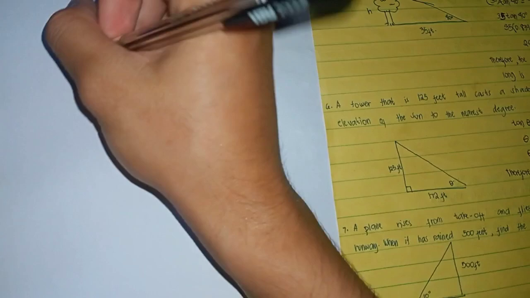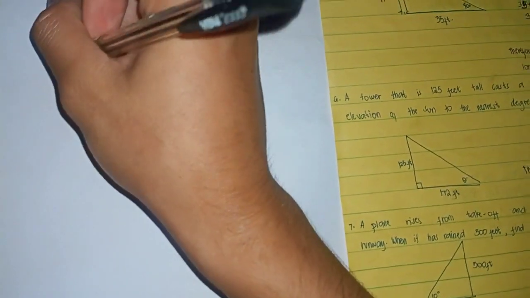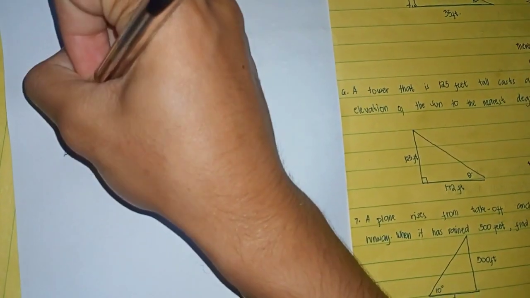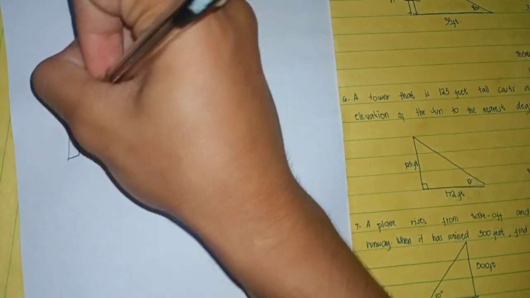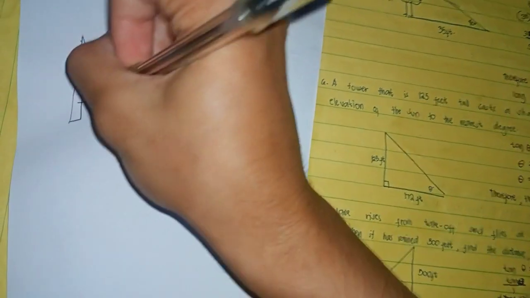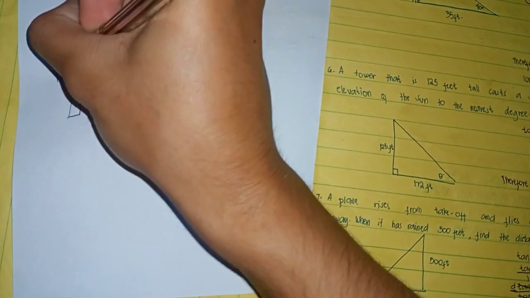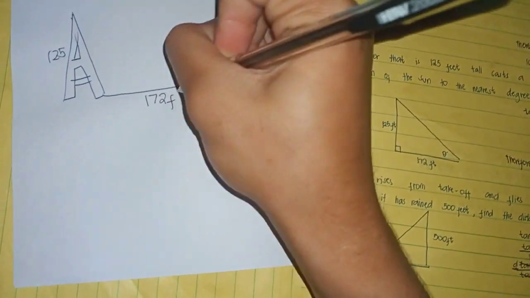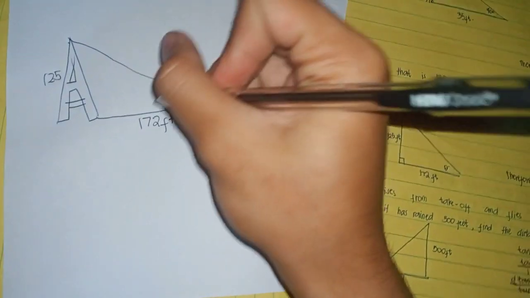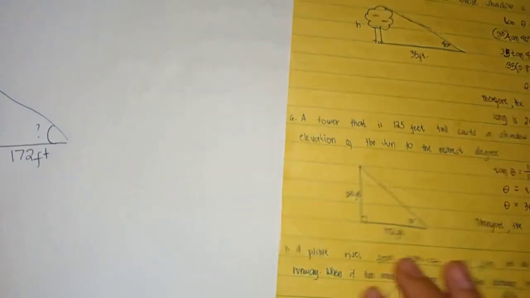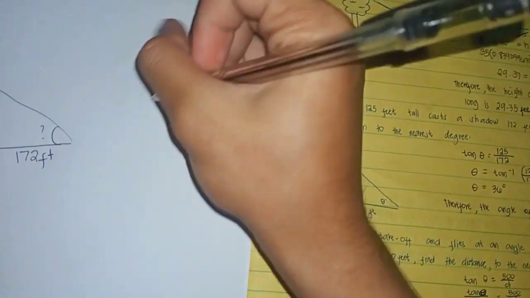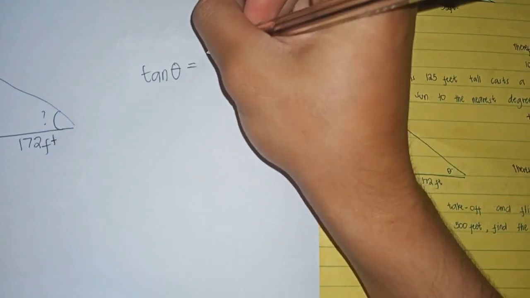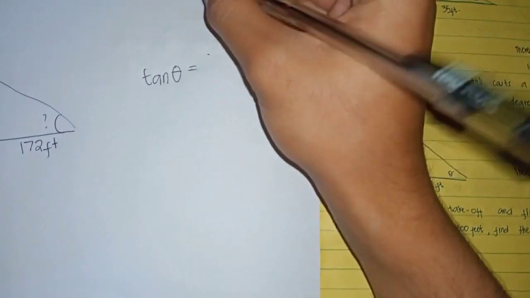So we're going to illustrate the problem first. For example, this is a tower, and it is 125 feet tall. Its shadow is 172 feet. What we need to find is the angle of elevation. So we're going to use tan theta equals opposite over adjacent.